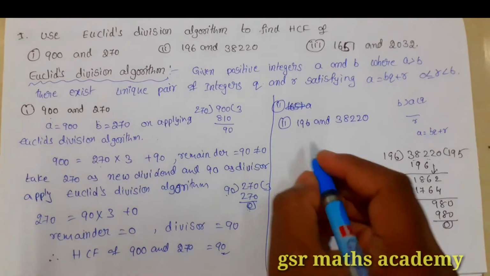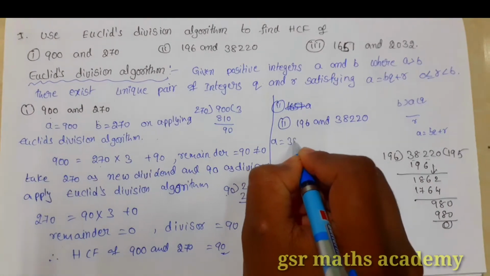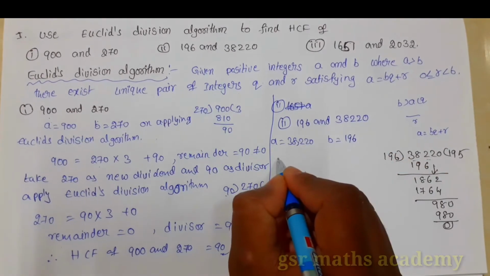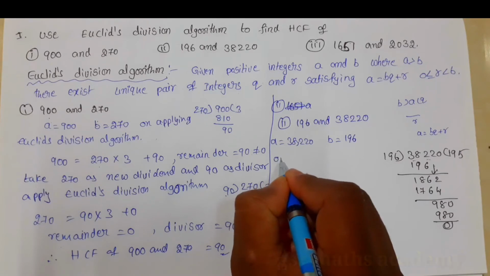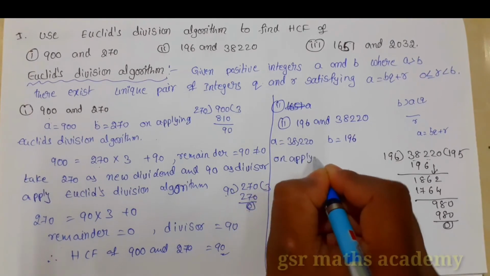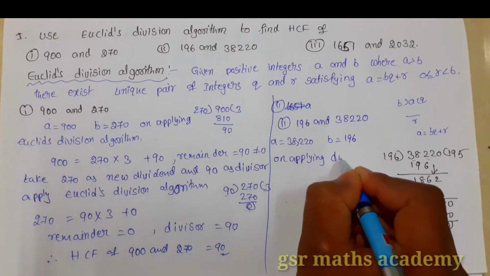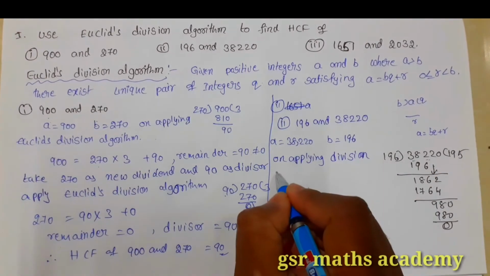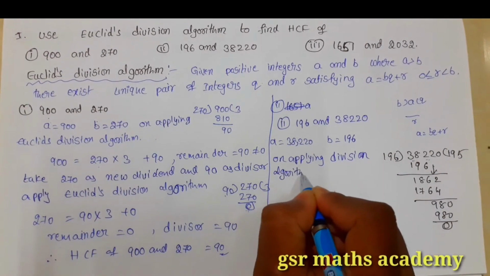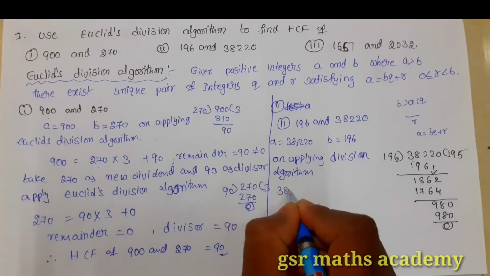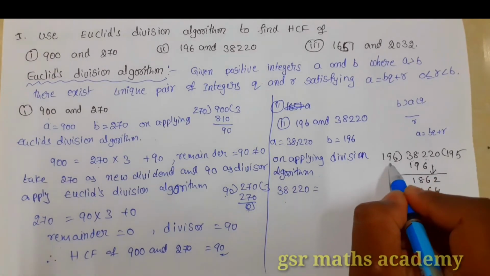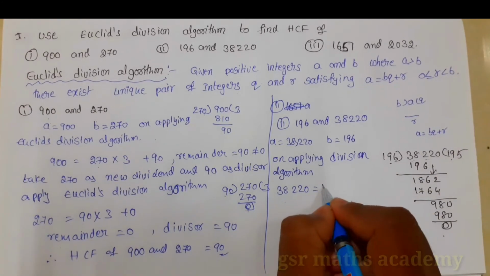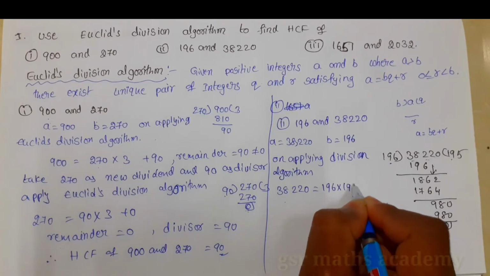Now if you observe this, the greater number a is 38,220, b is 196. Now on applying Euclid division algorithm we can write 38,220 as 196 into 195 plus 0.